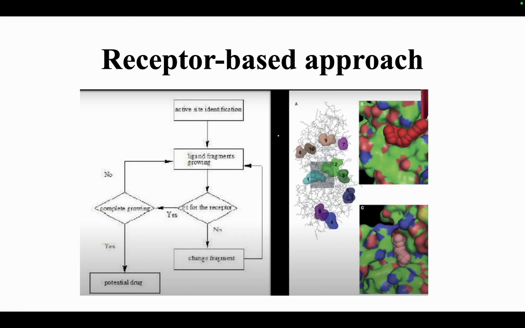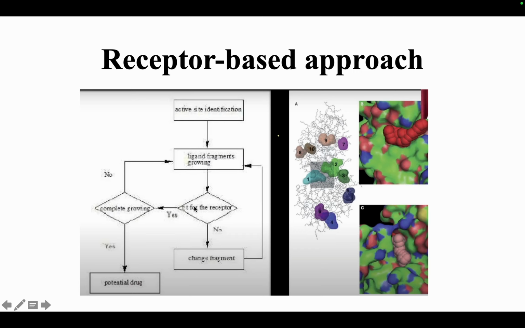Then we grow ligand fragments. This happens virtually in the receptor based approach: we grow ligand fragments which are complementary to the active site regions, this 1 2 3 region. In this square box we grow our ligand, which will be complementary to the domains present in the active site.